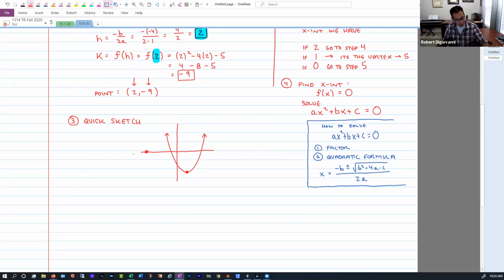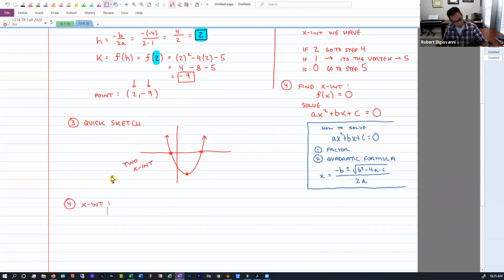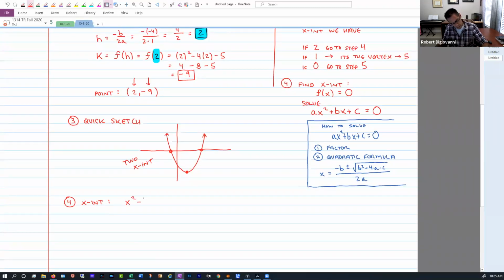I did the quick sketch. I have 2 x-intercepts. From the quick sketch, I know I have 2 x-intercepts. So I'm going to go to step 4. I'm going to find the x-intercepts by taking the original function, which was x squared minus 4x minus 5 equals 0.